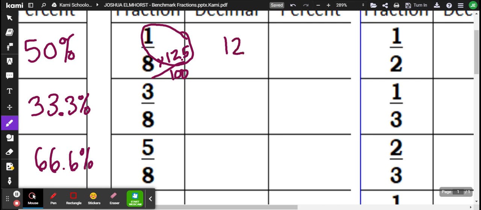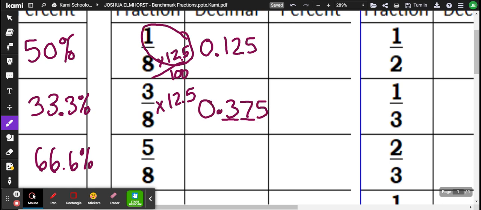So here we have 12 hundredths, 12%, and then this extra 0.5 goes on the end. You multiply the same thing here. 8 times 12.5 will give you hundredths. 1, 2 decimal place values. 3 times 12.5 will give you 37, and it's 37 hundredths, but it's 37.5 or 375 thousandths.